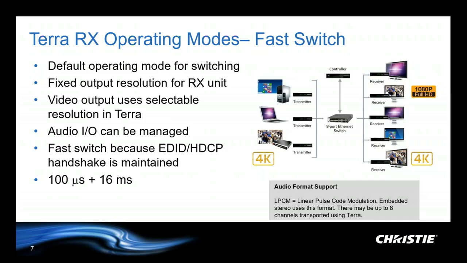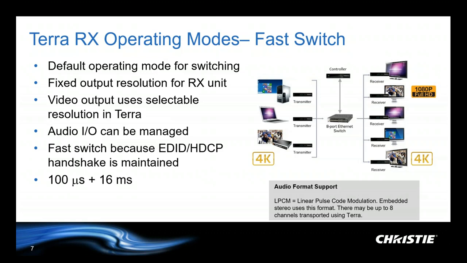What the receiver does is buffer the video a little bit, so it adds a little more delay, but the switching is much smoother. There's only 16 milliseconds of delay. I'm not counting the 100 microseconds, which is instantaneous.